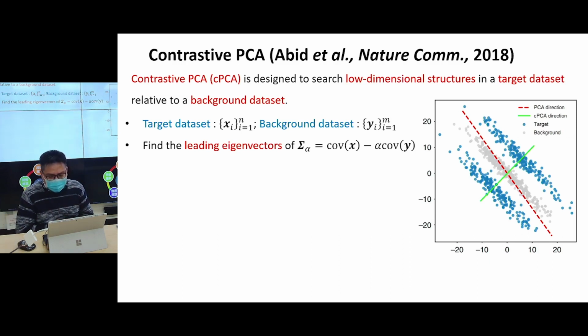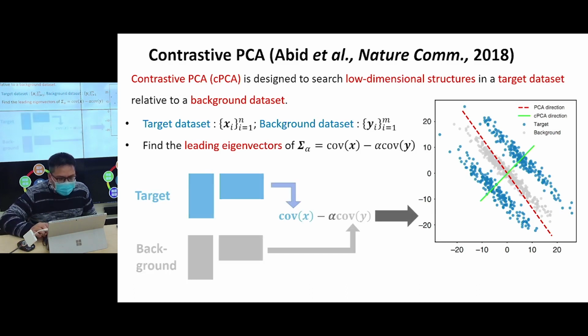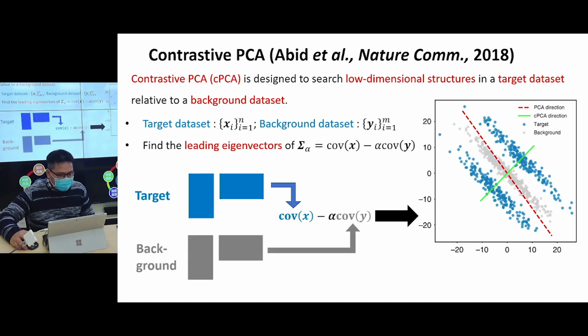So in this case, contrastive PCA is to project the target data set onto the null space of the background data set, and then conduct PCA. Then we get contrastive PCA in this limiting case. This is the target data set, this is the background data set, and contrastive PCA is to solve the eigenvalue decomposition of this matrix.